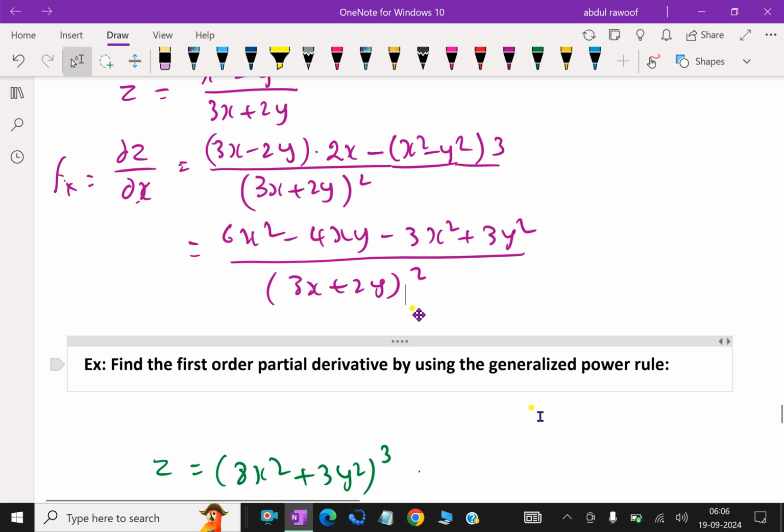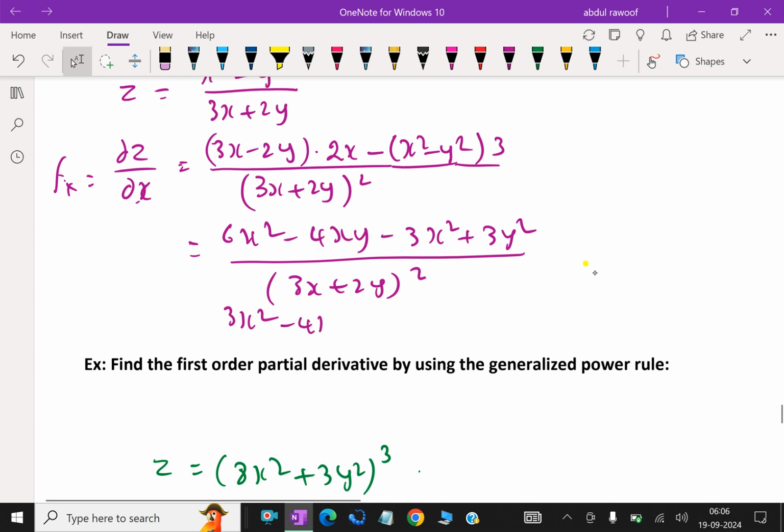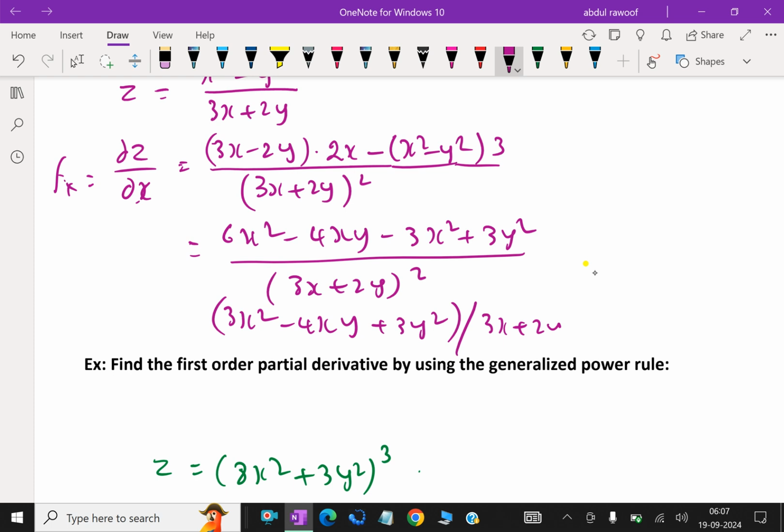Then 6x square minus 3x square is 3x square, and minus 4xy plus 3y square over 3x plus 2y the square.